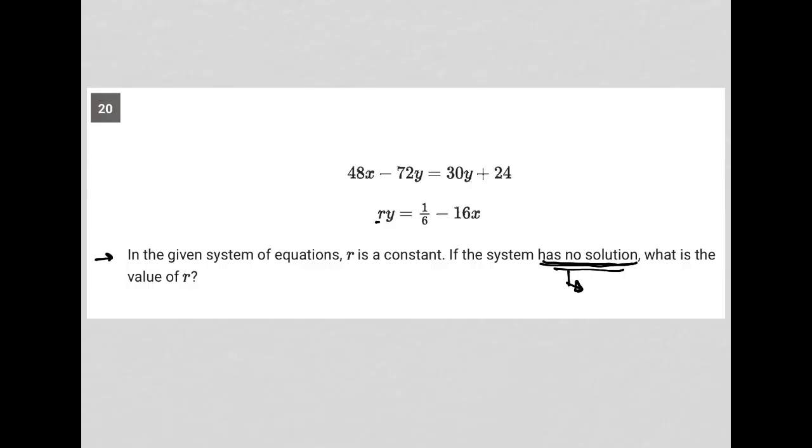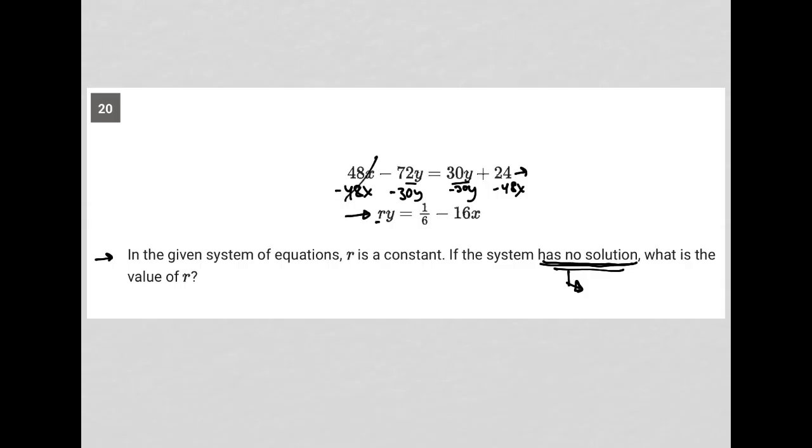So the very first thing we want to do is to simplify this equation, because we have some like terms together here. So let's just get this all simplified. I am going to subtract 30y from both sides, and I'm going to subtract 48x from both sides. The reason why I'm doing that is because I wanted to match the same structure as my second equation.